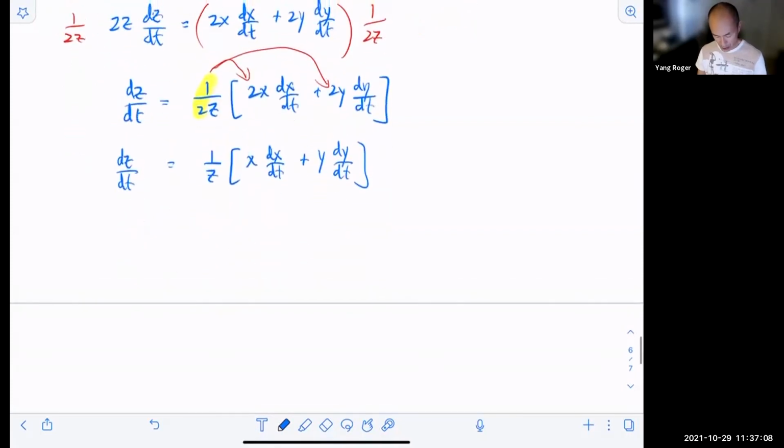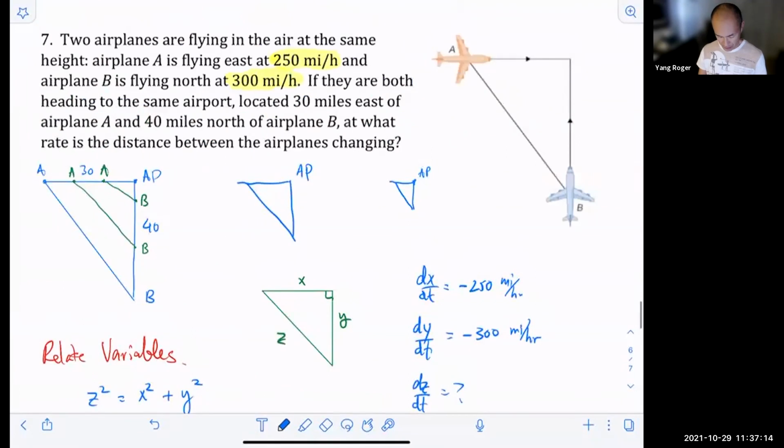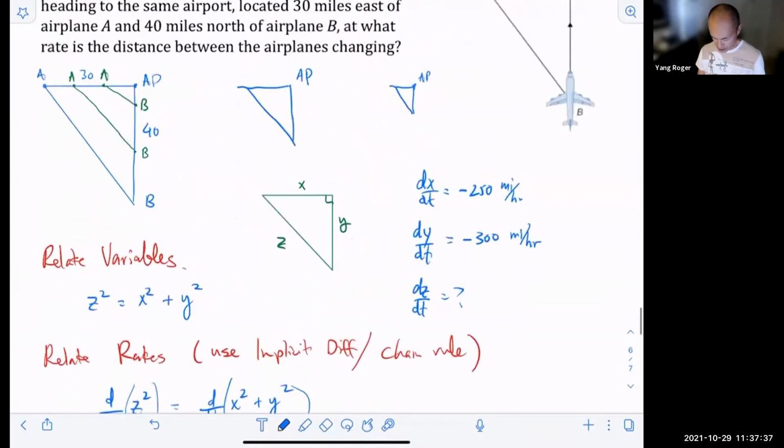Now I know I want to evaluate it at a point, and the point is x equal to 30, y equal to 40. So I'm going to have 1 over z times 30 times, what was this?